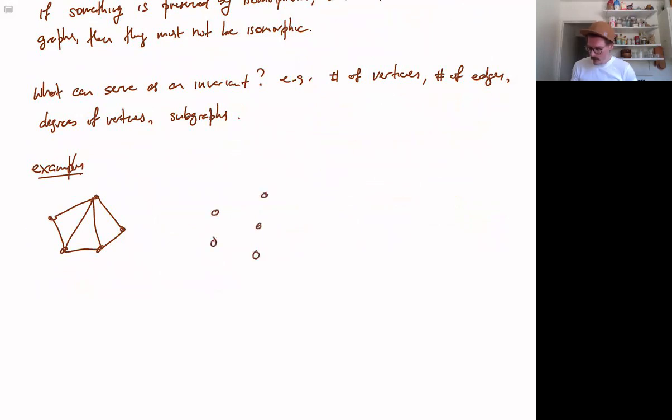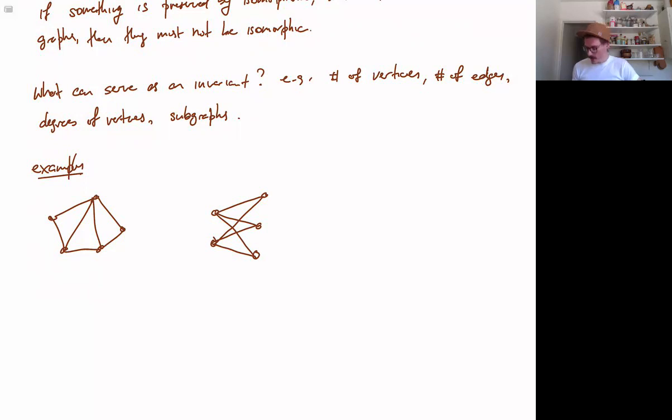Here is another graph with 5 vertices. It's a little bit of a messy drawing. Let me draw a little bit better. Okay. So these are two graphs, both with 5 vertices.